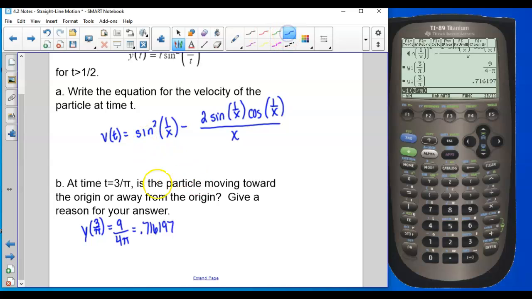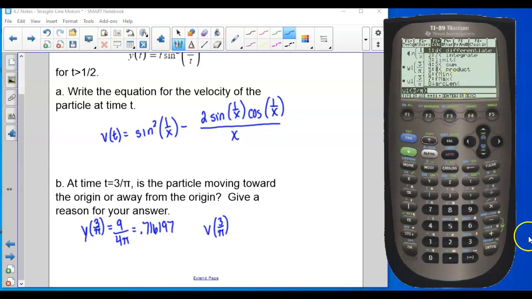So we also need to know our velocity at 3 over pi. And so to find this in your calculator, the quickest way to do this is to do that derivative that we did just a minute ago. Derivative of y1 of x, comma x. And don't plug this in by hand. Do such that x equals, you might need some parentheses here, 3 over pi.